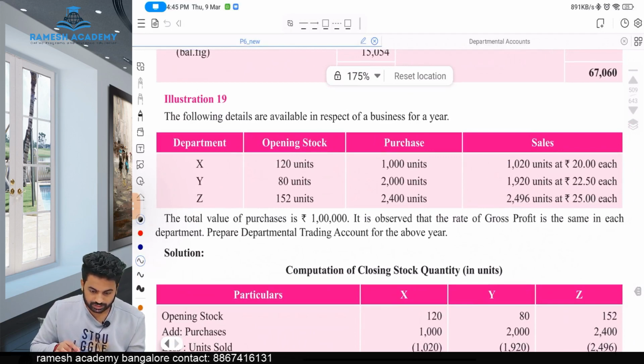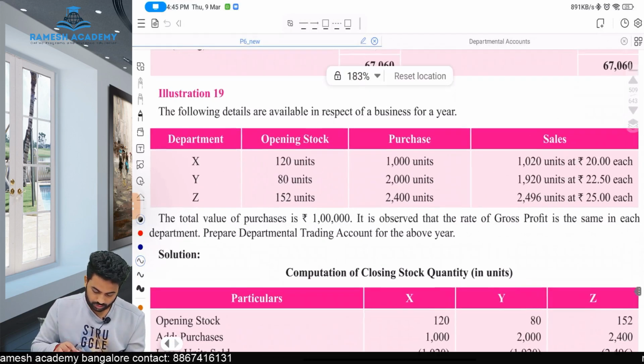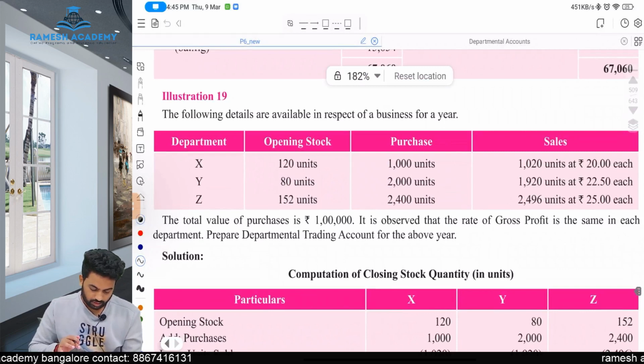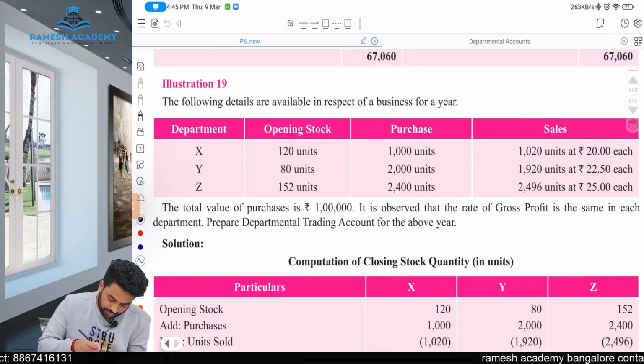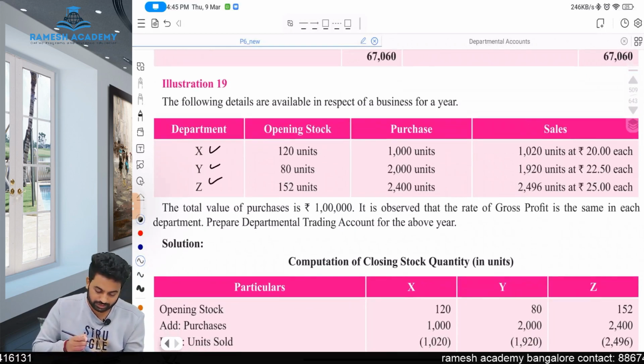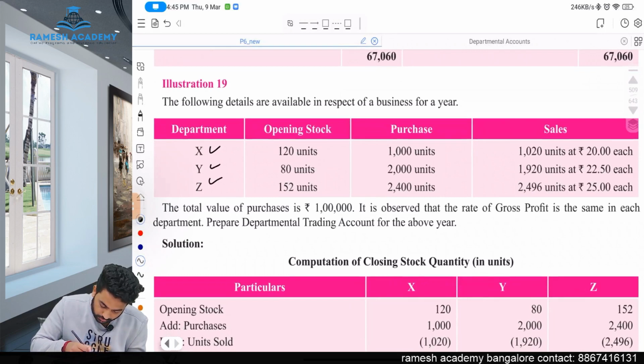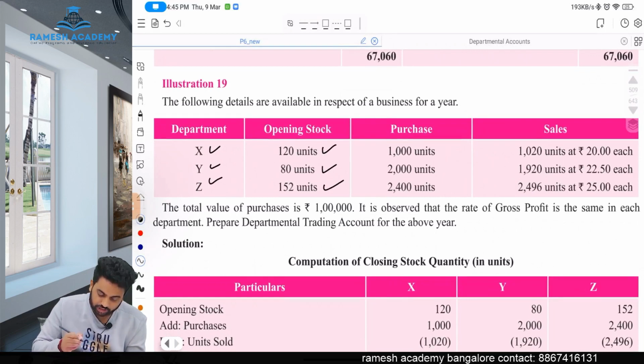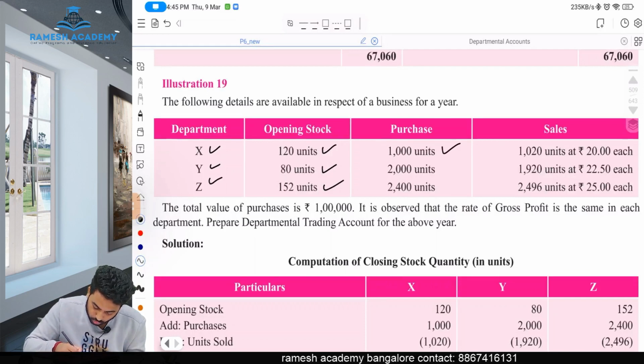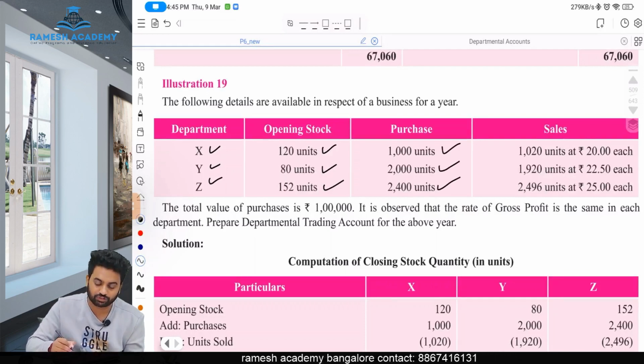Illustration number 19. The following details are available in respect of a business for a year. Departments X, Y and Z, 3 departments are there. Opening stock 120 units, 80 units, 152 units. Purchases during the year 1000 units, 2000 units, 2400 units.